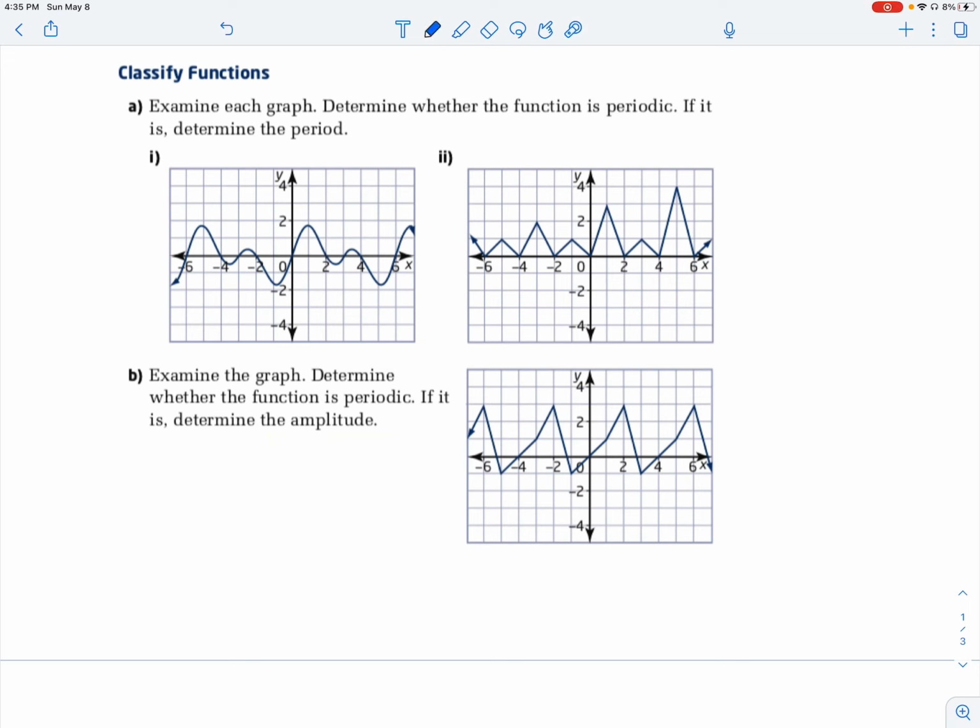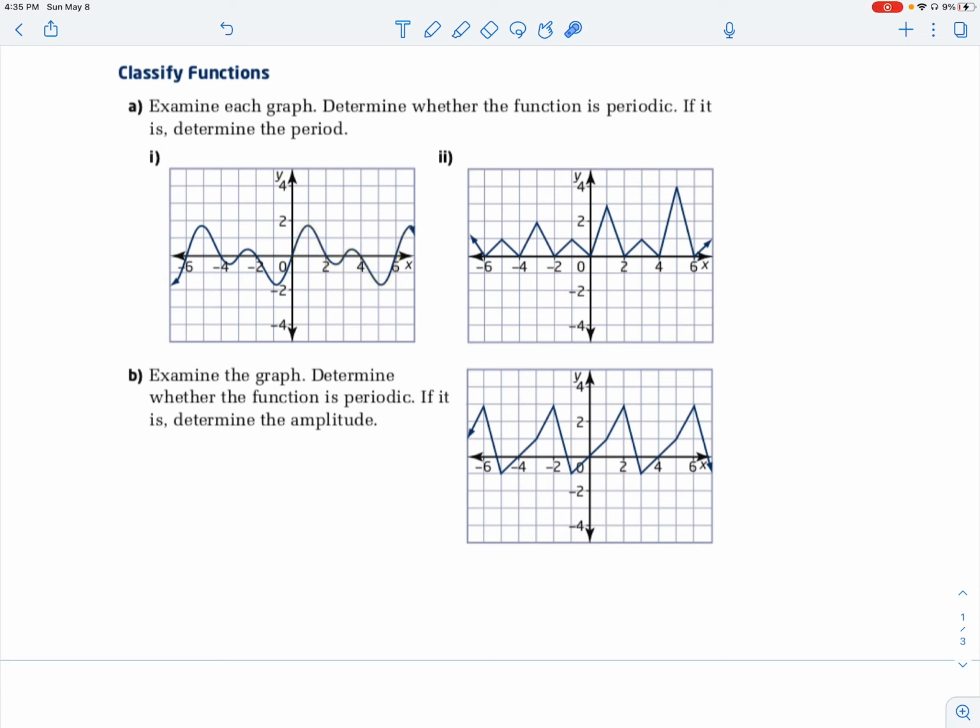Okay, let's begin. This first one, is this periodic? Meaning, is there a cycle or a pattern that repeats? It looks like it does. If I start here, I go up to the maximum, and then there's a little roller coaster thing going on, and then it finishes right here. That would be one cycle. And it looks like this cycle is going to repeat again.